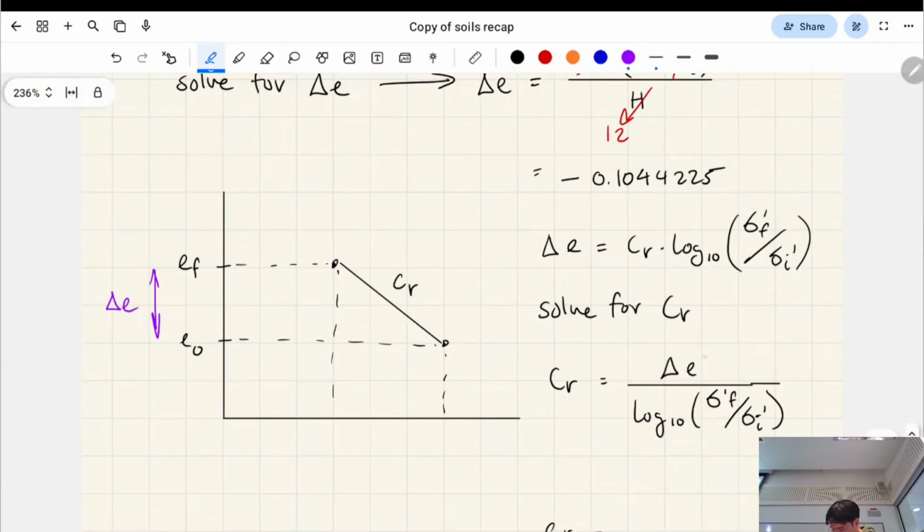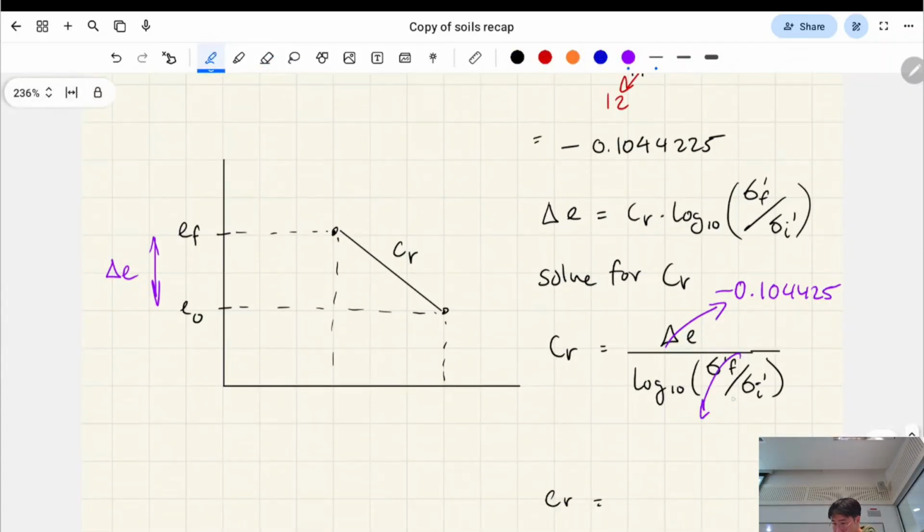Okay, so we rearrange for CR because we're solving for the rebound index, right? And we plug these things in like that. These numbers are back from part A. Let me just write it down first and I'll explain why. Basically, the final and the initial are swapped around.